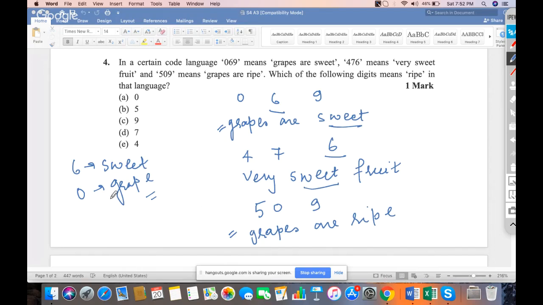Now try to understand. I have to find out what it is for ripe. So for grape, I know it is 0. For sweet, it is 6.